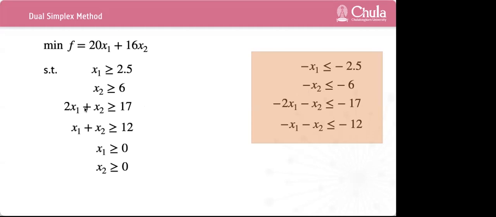The third condition, 2x1 plus x2 is greater or equal 17, transforms to minus 2x1 minus x2 lesser or equal minus 17. And we have x1 plus x2 greater or equal 12, which we change to minus x1 minus x2 lesser or equal minus 12.